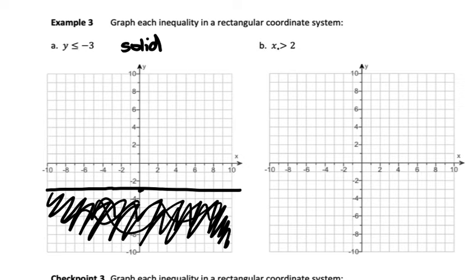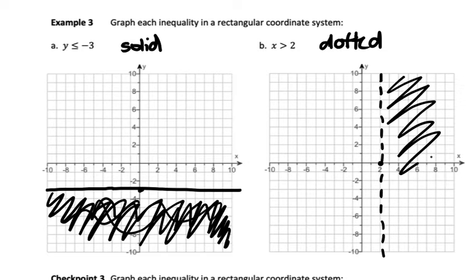For part B, this is x greater than 2. Now this one is a dotted or dashed line. So I'm going to mark 2 on the x-axis. I'm going to draw a dotted line through that point. And numbers that are greater than 2 are going to be to the right on the x-axis, so I'm going to shade on the right-hand side.